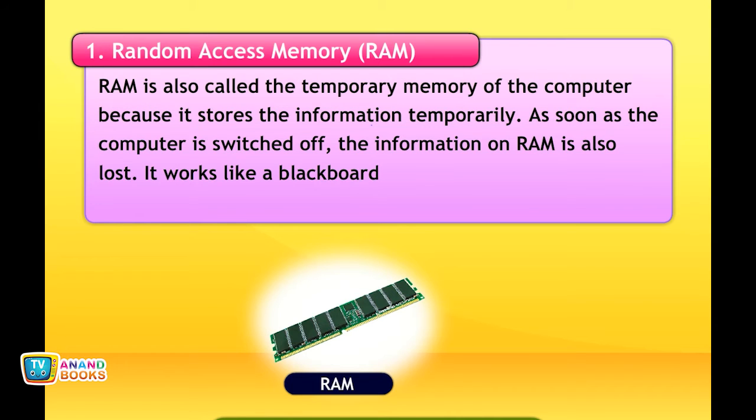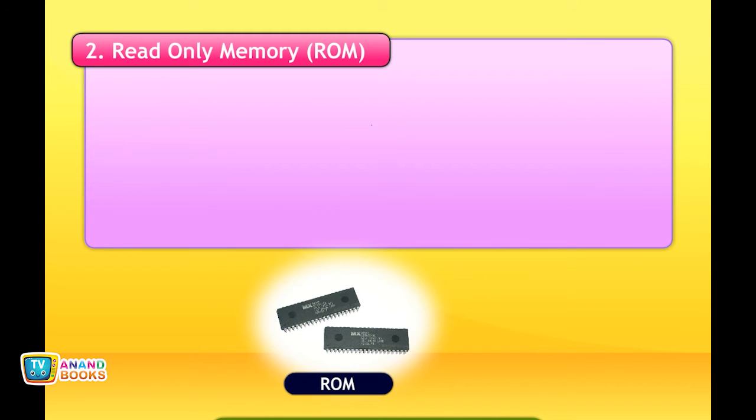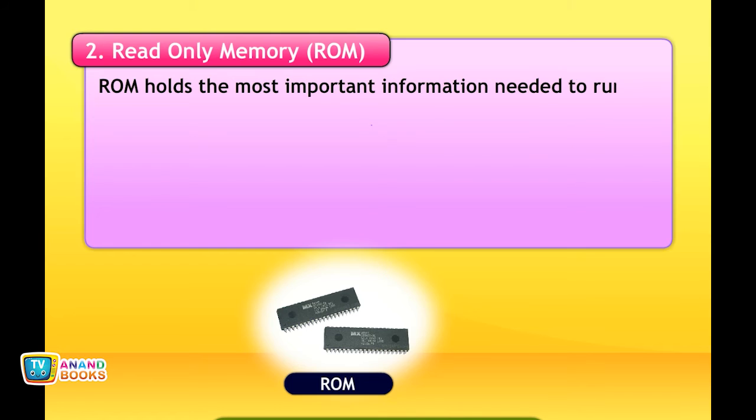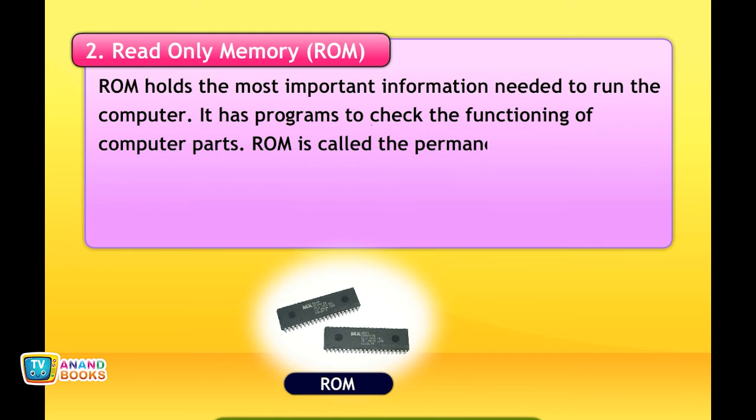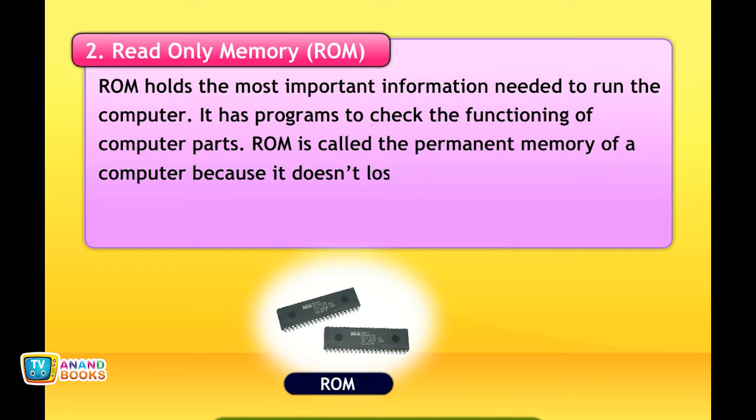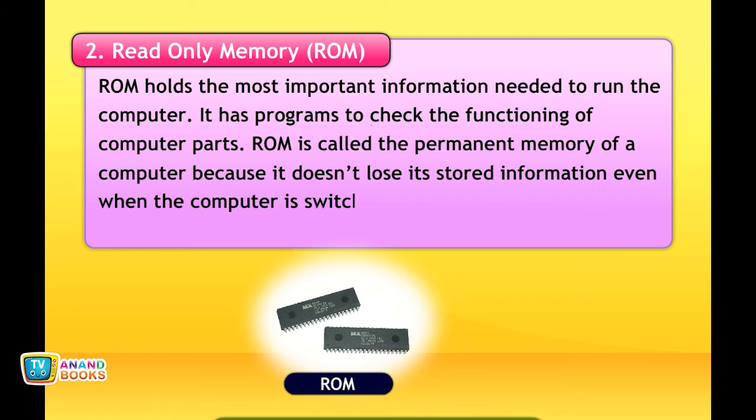It works like a blackboard which is constantly written with new data. 2. Read-only memory, ROM. ROM holds the most important information needed to run the computer. It has programs to check the functioning of computer parts. ROM is called the permanent memory of a computer because it doesn't lose its stored information even when the computer is switched off.